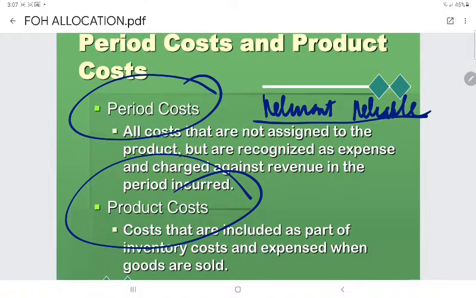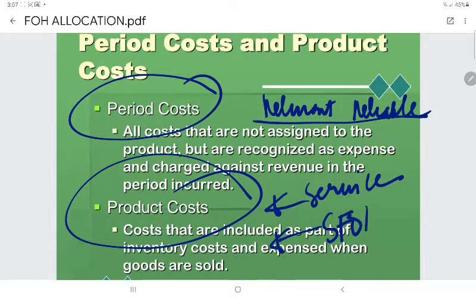Diba? So, kailangan sa iwan sa gusto nyo ay mag-allocate talaga tayo sa period cost at sa product cost. But, kanina yung pinag-usapan natin na service cost, ang affected doon yung product cost nyo. Yung pinag-usapan natin na pag-determine ng standard factory overhead o pag-apply, determine ang applied factory overhead, ang affected doon yung product cost.